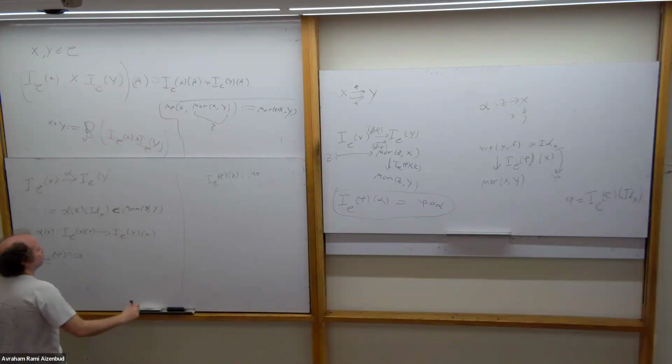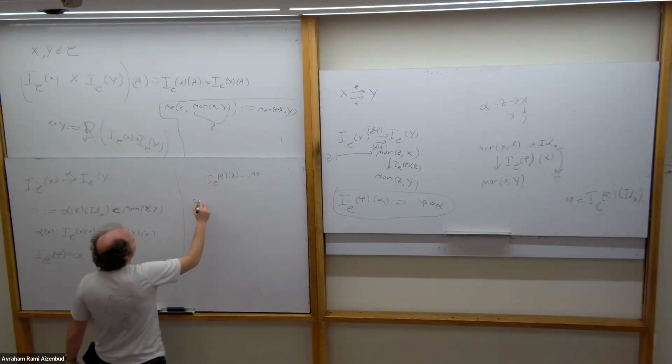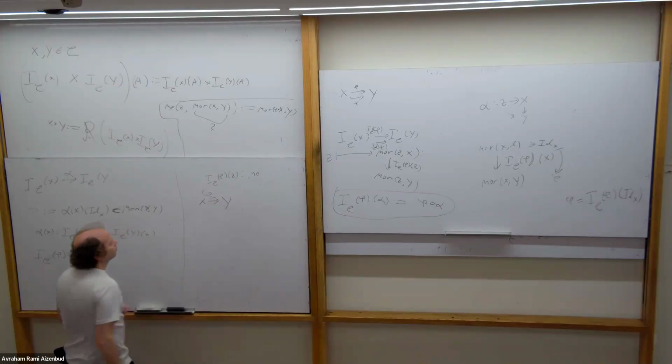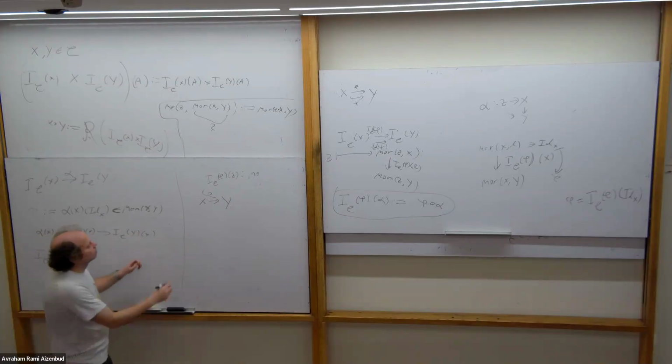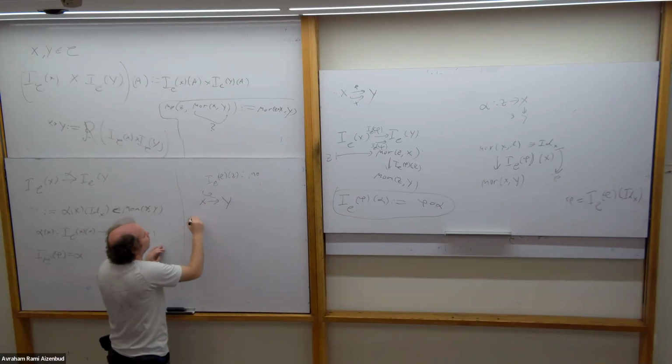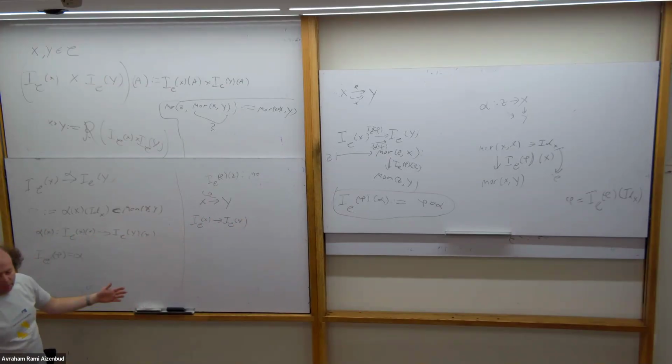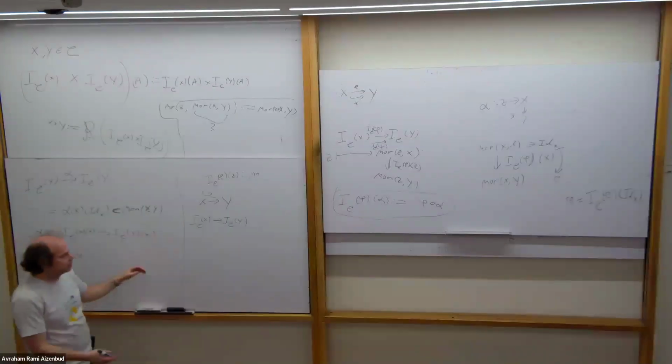IC of phi is a map from IC of X to IC of Y. To show that this map is equal to alpha, we need to show it for any z.